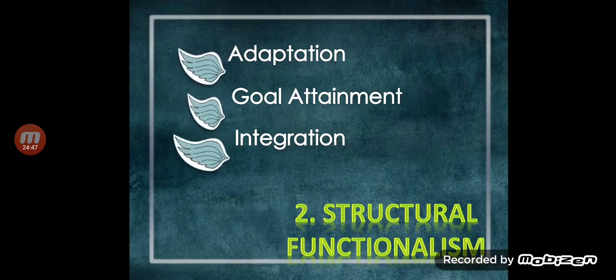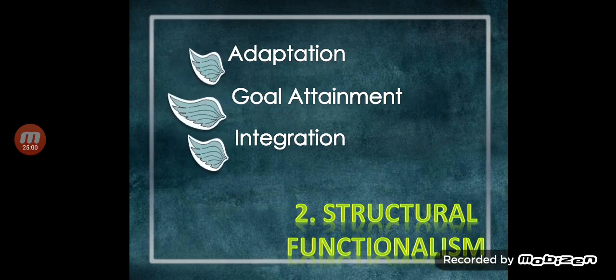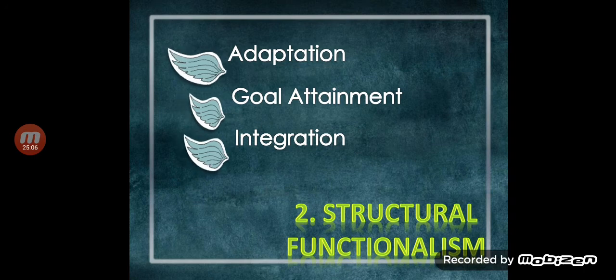Because if you will not integrate yourself, you will not integrate the system with one another. If one part will malfunction, the system will not also function. So like in a certain group, you are just new in a group. So you have to adapt with the group. And the group will also adapt to you.